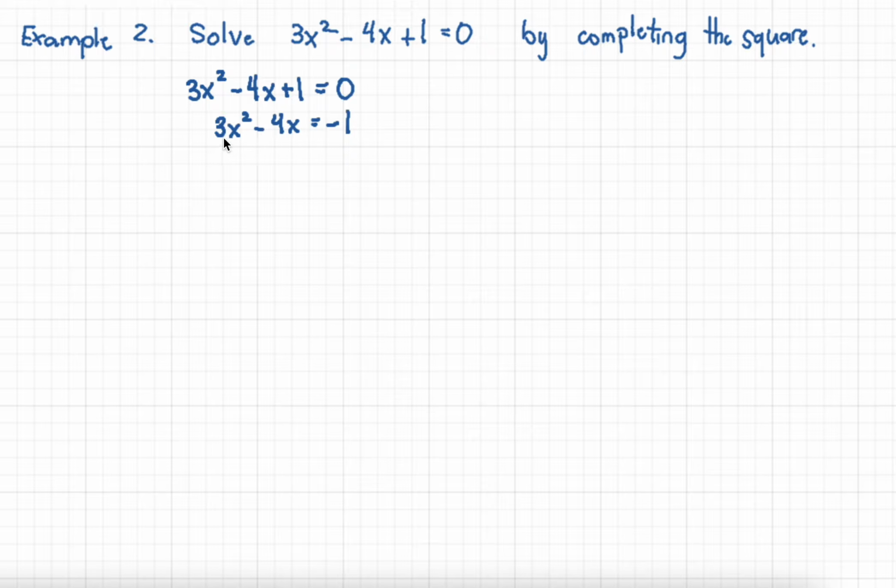So, since itong quadratic term natin is not a perfect square number, kasi yung 3 is not a perfect square, we can divide our equation by 3 muna, so that this will become 1. So 1 times x squared is x squared. And then for the linear term, 4 over 3x.